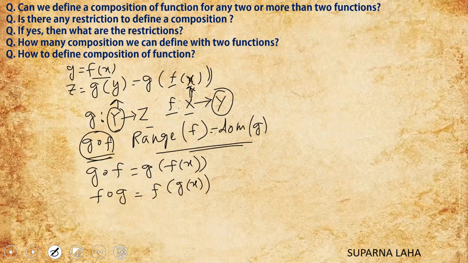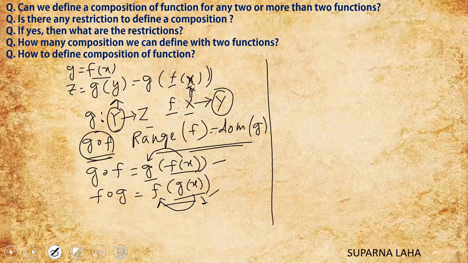Now when we find the value of a composition function, we will always move from inside to outside. That means for this function, I will first solve f(x), then I will find g of f(x). But here, we will solve g(x) first and then we solve f of g(x).